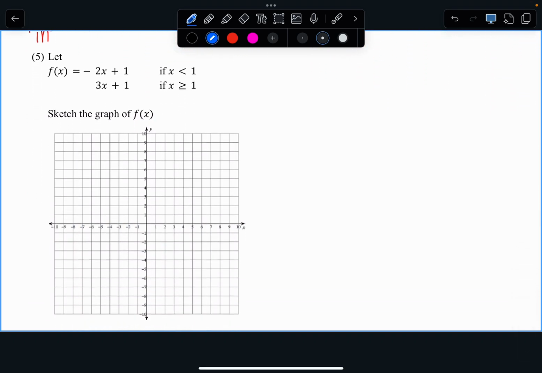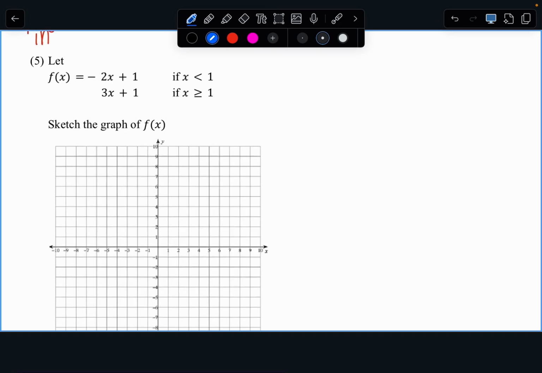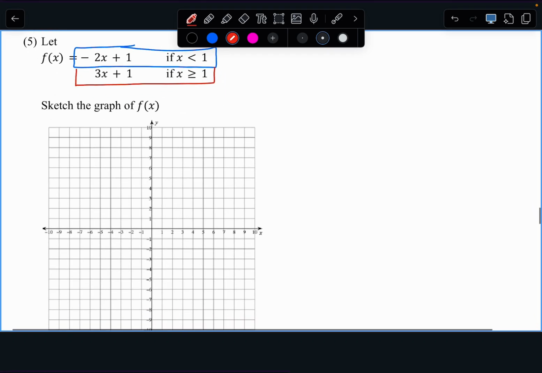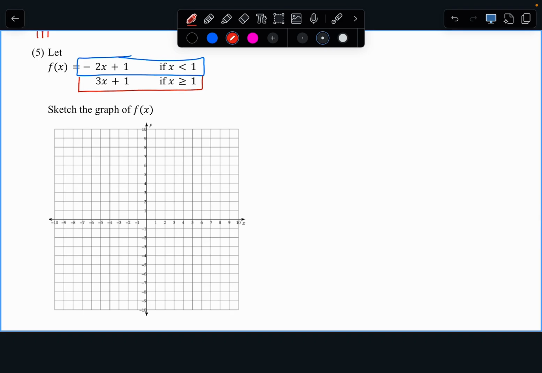So if we're sketching a graph of a piecewise function, when x is less than 1, this is what we're using. It doesn't matter what the y value is. If x is less than 1, that is the function that we're using. If x is greater than or equal to 1, we're using that function below. Does that make sense?